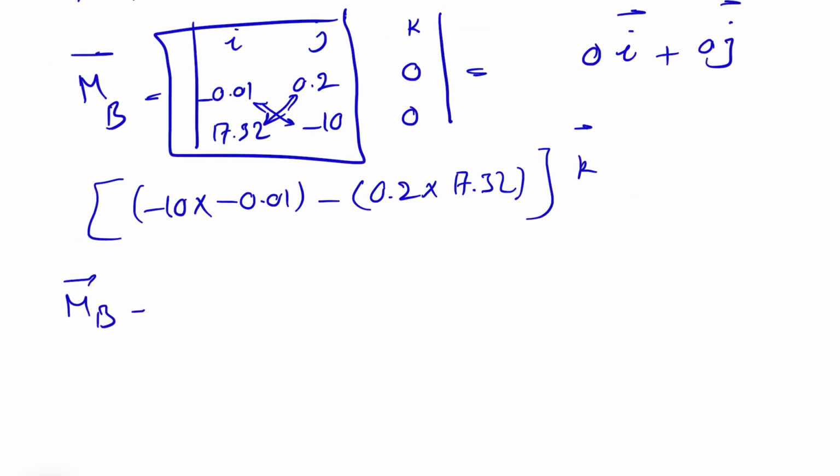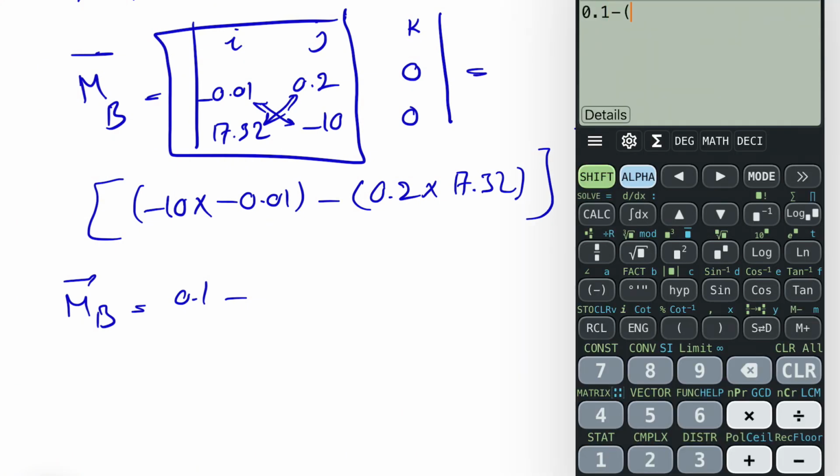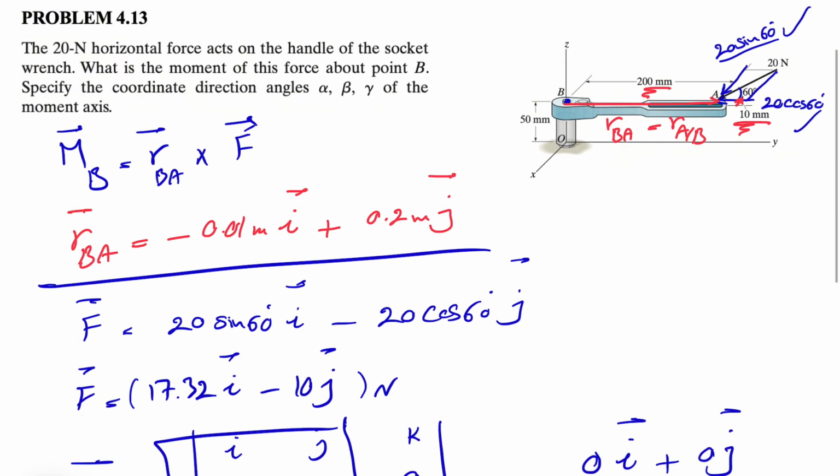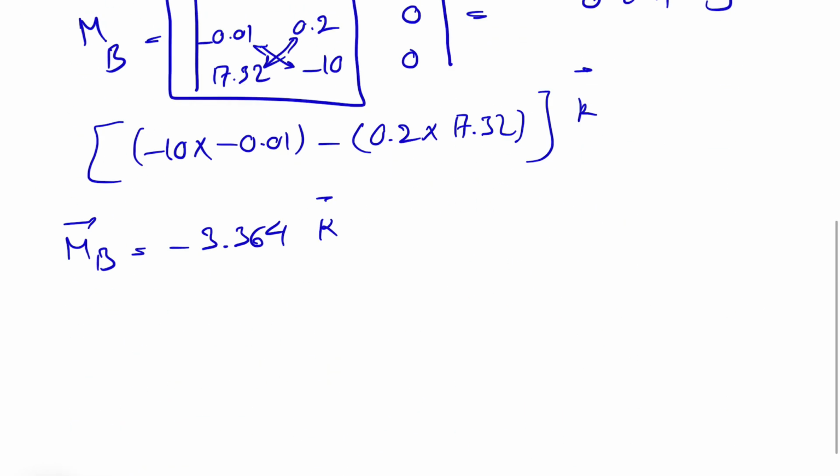If we calculate this, we get 0.1 minus 2 times 17.32, which gives us minus 3.364 k. The unit, since all the forces are in Newton and we found R in meters, will be Newton meter.